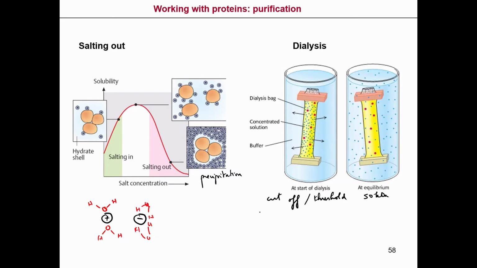It means that all the molecules smaller than 50 kilodalton can go into the buffer, and all the molecules with a molecular mass higher than 50 kilodalton stay in the bag.